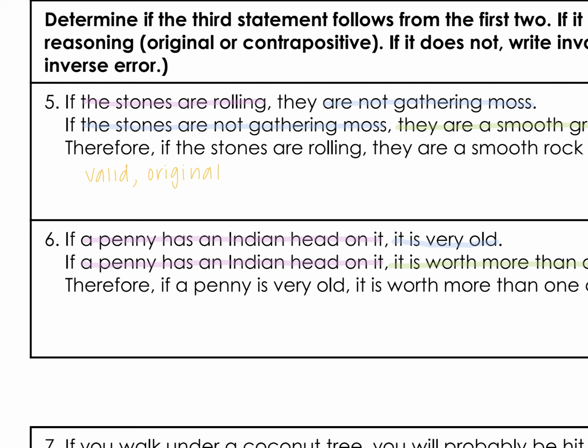And the only way for us to move that to the end of one sentence is for us to do the contrapositive. But when we do that, it makes it negated, and so that won't actually line up anymore. So that's why this one here is going to be an invalid statement.